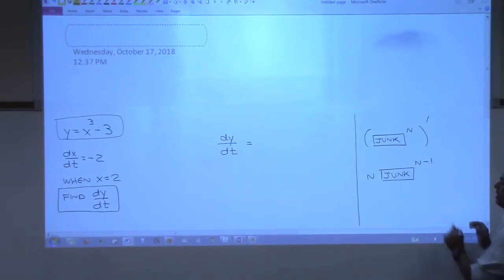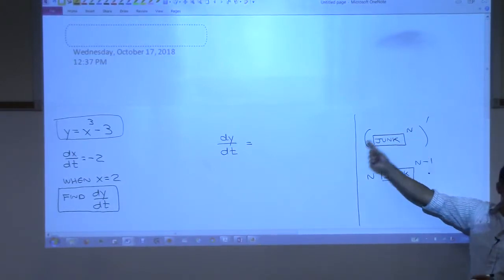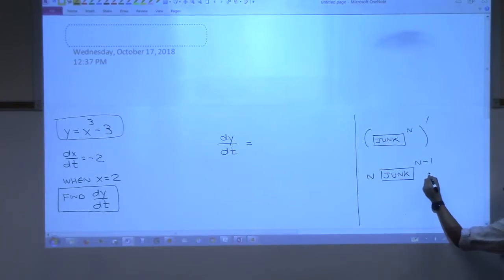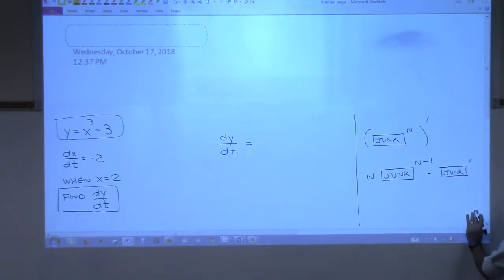So what's happening here is the power rule says take the n out, subtract 1 from the n, but don't touch the junk. Just leave it alone. And then after that, the chain rule says multiply by the derivative of the junk. Now you're allowed to take the derivative. So you take the junk, you take its derivative, right?